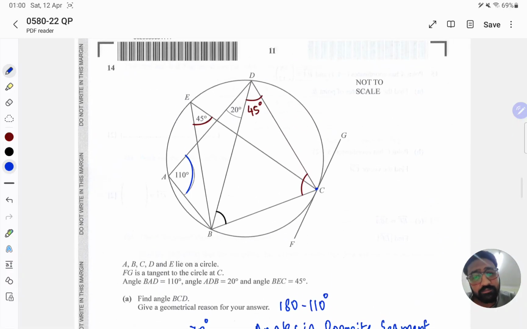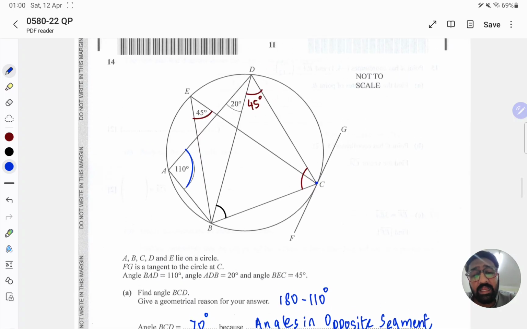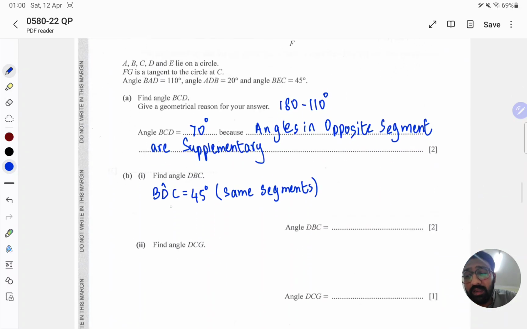Then it's very easy to find out the angle B now, because if you could see that B, D and C, this is one triangle now. The two angles are already known to me. In the previous part, I found out 70 and this is 45. So I can find out DBC by subtracting both these angles from 180 degrees.